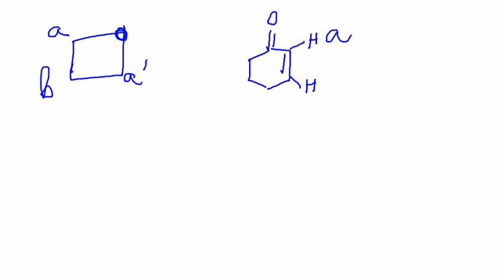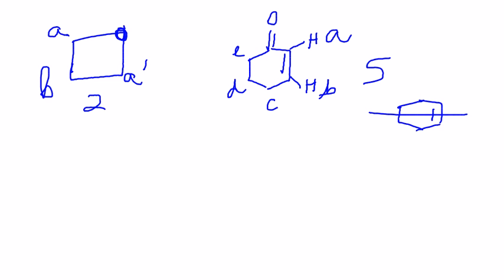You would say this is an A proton, that's B, C, D, and E. So total you will see 5 signals in this case. Realize if you had just cyclohexene, of course you could have divided the molecule into 2 equal halves, but not so much in the case where you have a C double bond O on one of the sides.